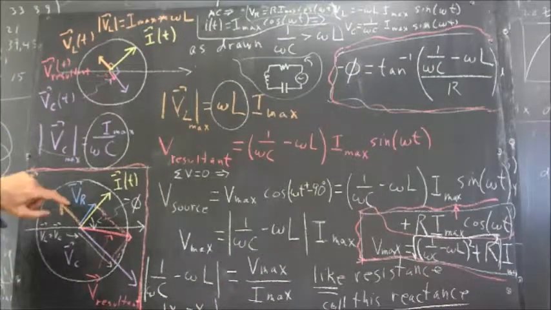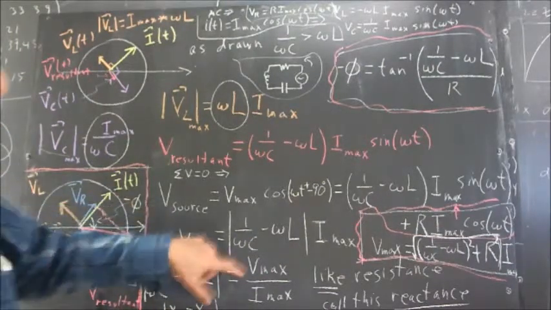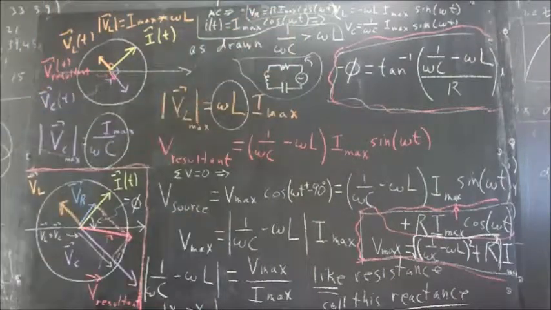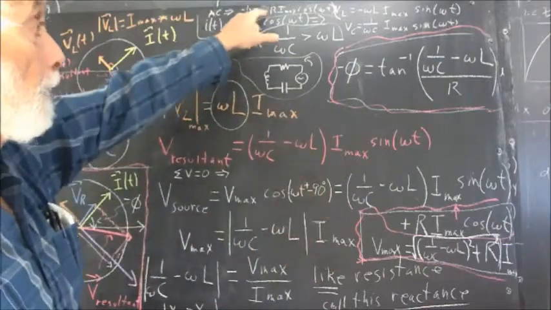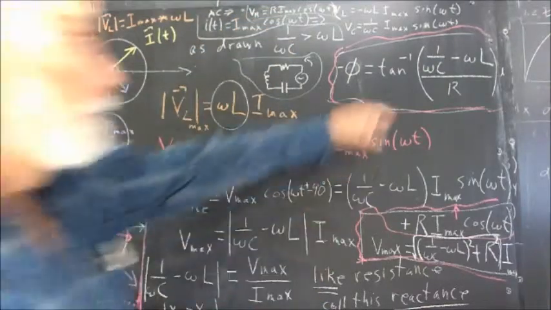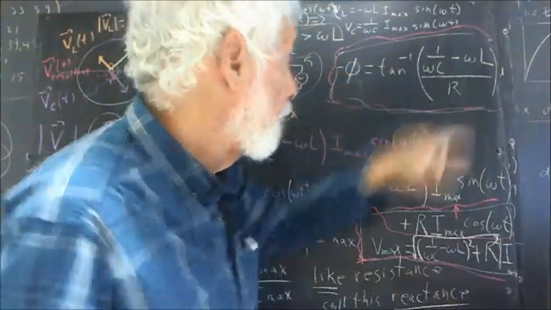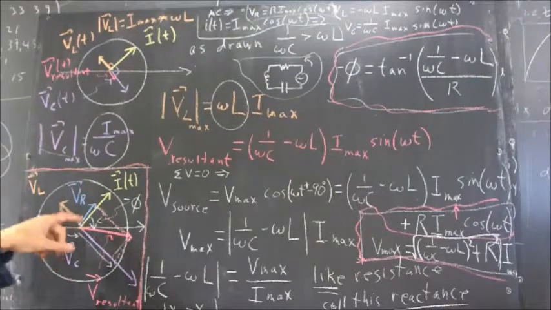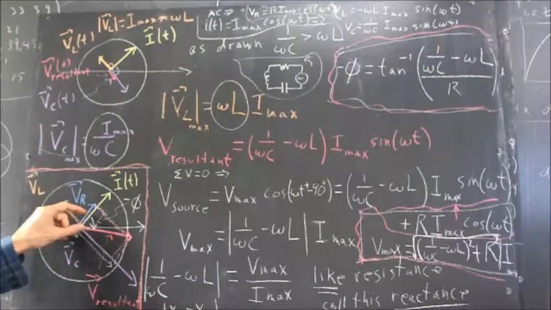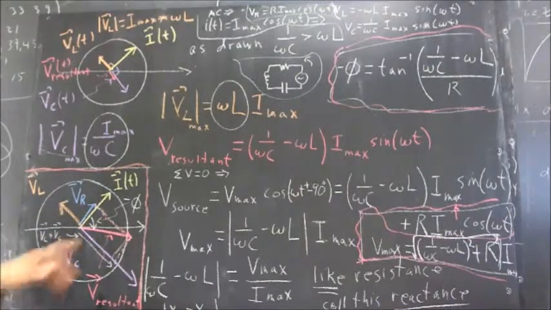The adjacent side is your VR, which has just magnitude of R times I max. When you divide this times I max by this times I max, you get this divided by this. Now, I didn't put absolute value signs around anything because the angle we get here is negative phi. Phi is negative in this case.